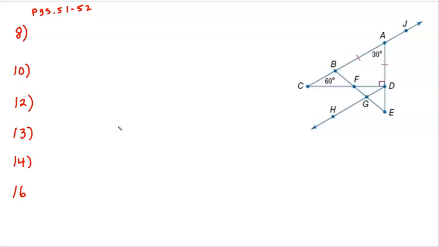So number 8, just looking at your book and referring to the figure there on the right, we're supposed to find two adjacent angles. There's a couple of correct answers, maybe more than two correct answers, but here is one definitely, and I'll just highlight it for you.